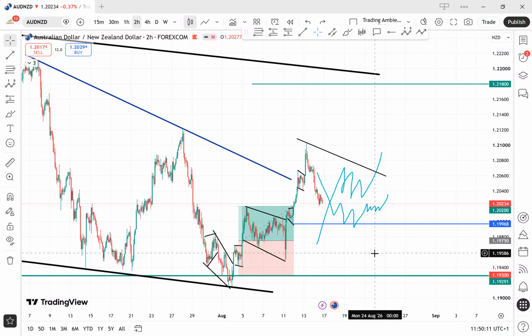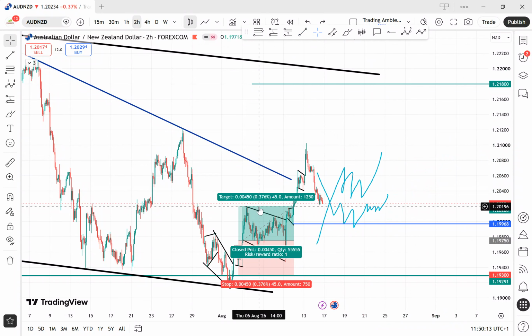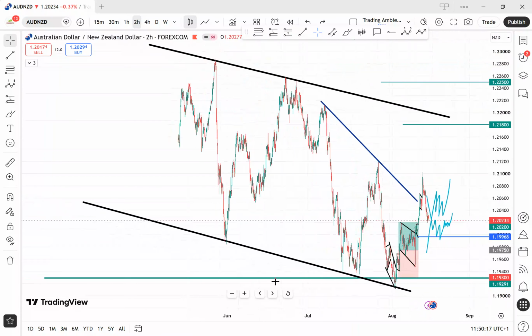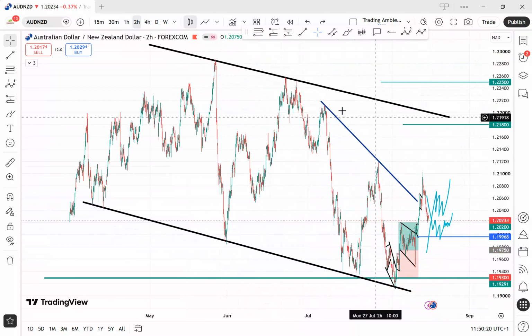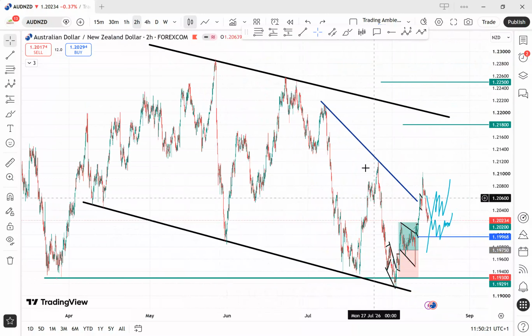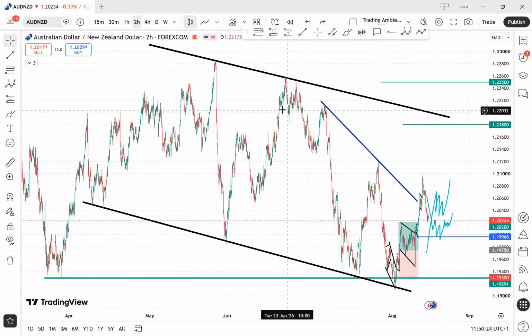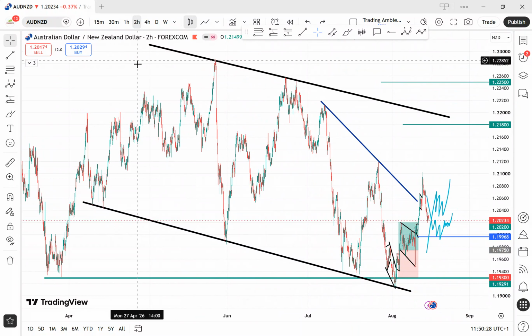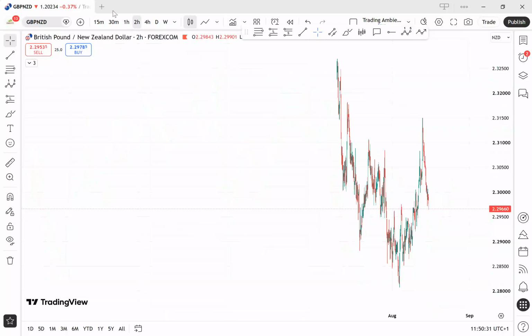So the target remains the same. We'll be targeting somewhere within this ending channel as our first target, and we'll be looking forward to see if the price would hit this high as our second target on AUD New Zealand.